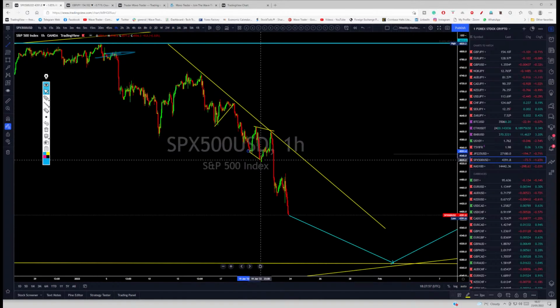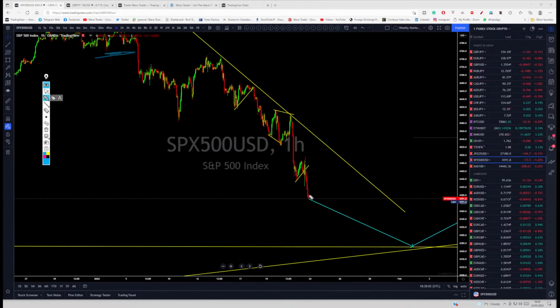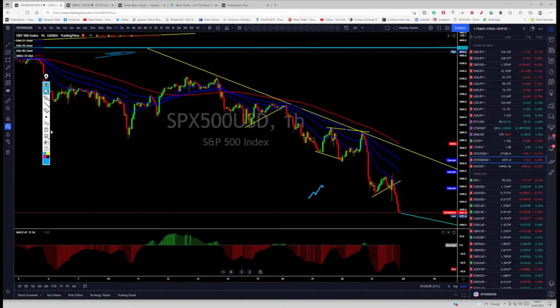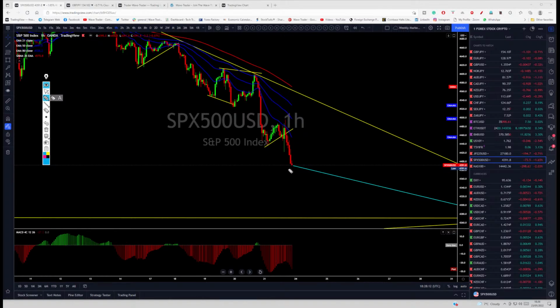We are still having a strong bearish market. Let's pull out some moving averages. Price can still drag lower for more downside. Price needs to go above those moving averages for the next bullish wave to come.